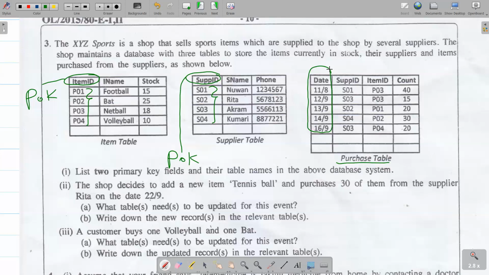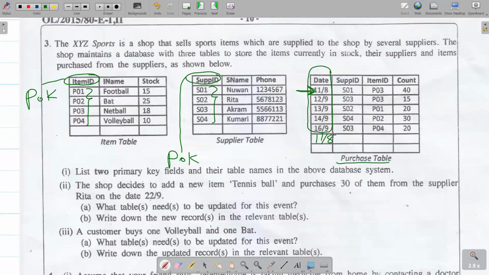And since they are storing the date as month and day, that month and day can easily be repeated again. 7 and 8 in the next year can also be there, right? So taking it alone will be a problem.